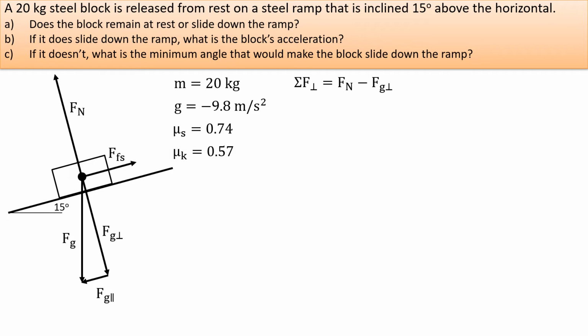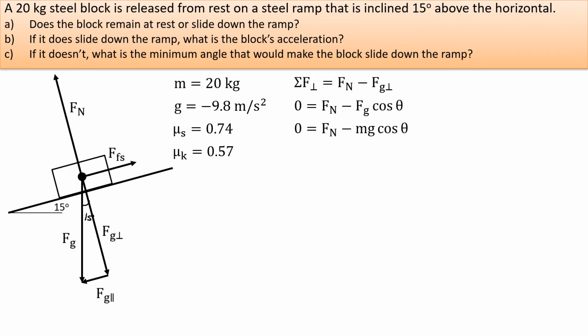Then we know that the net force is equal to 0, and the normal force is what we're looking for. And just like before, FG perpendicular is FG cosine 15 degrees, because that's adjacent, and FG is the hypotenuse. So the shortcut method for the perpendicular component is FG cosine theta.